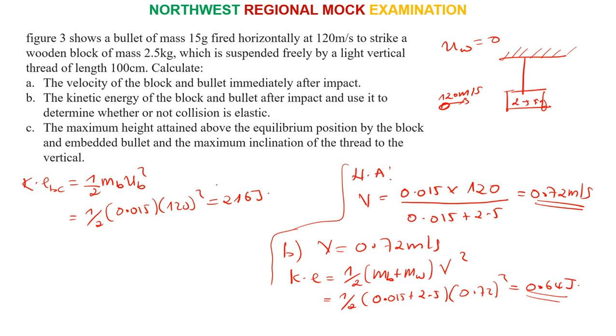So how do we compute number one, the height? In order to calculate the height, we are going to use the fact that initially the block system was at rest.